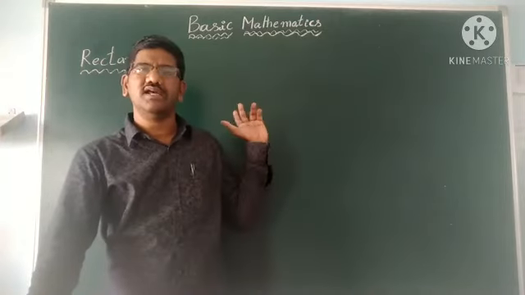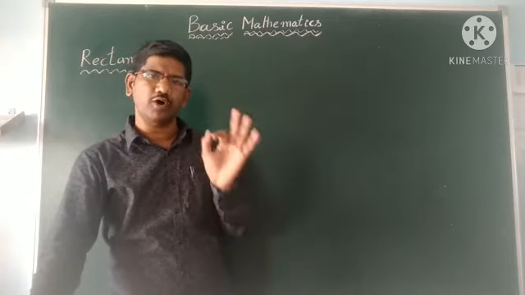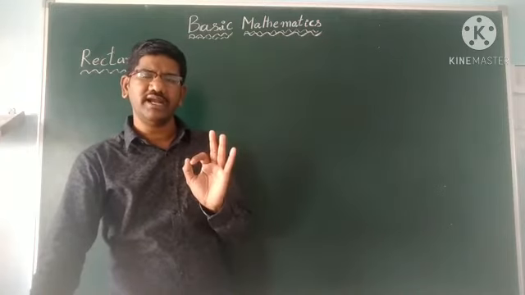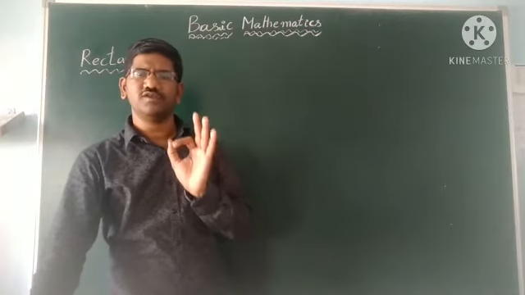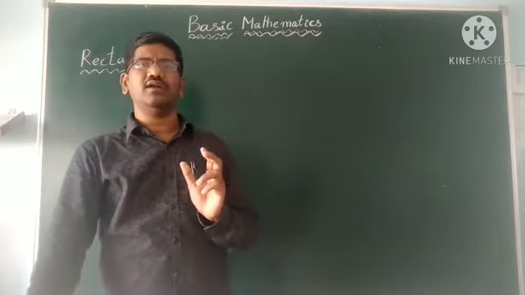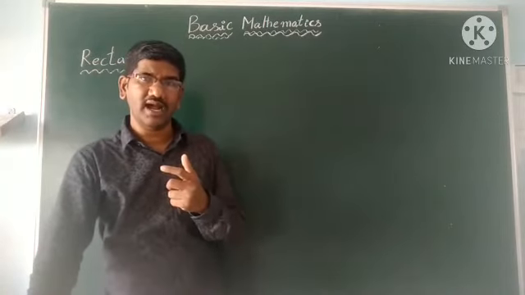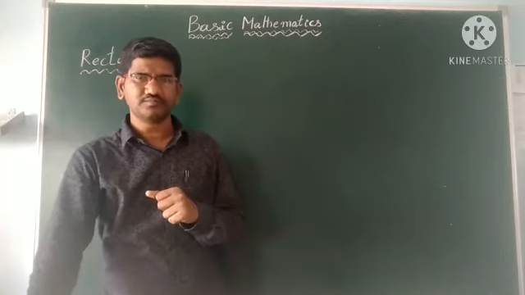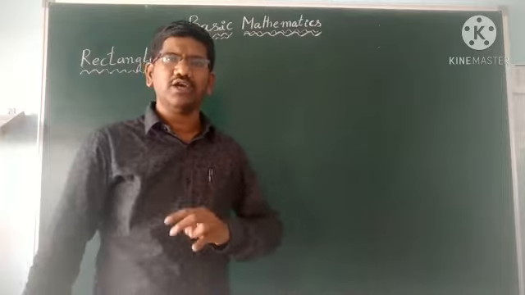And it is a quadrilateral, but all sides are not equal. It is a polygon with four sides, so we have to give the name quadrilateral. In that quadrilateral, opposite sides are parallel and equal.